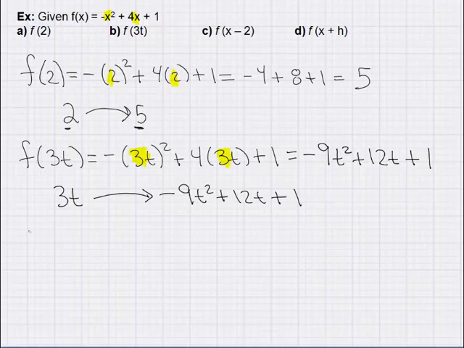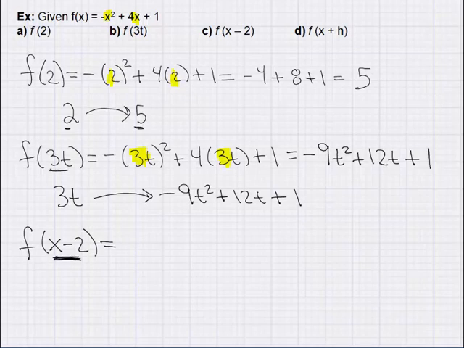Alright, let's do another one. How about f of x minus 2? Now, what a lot of people think is, well, it's just f of x and we subtract 2 from it, but that's not the case. I'm not going to take the original function and just subtract 2 from it. What I have to do is plug x minus 2 in.